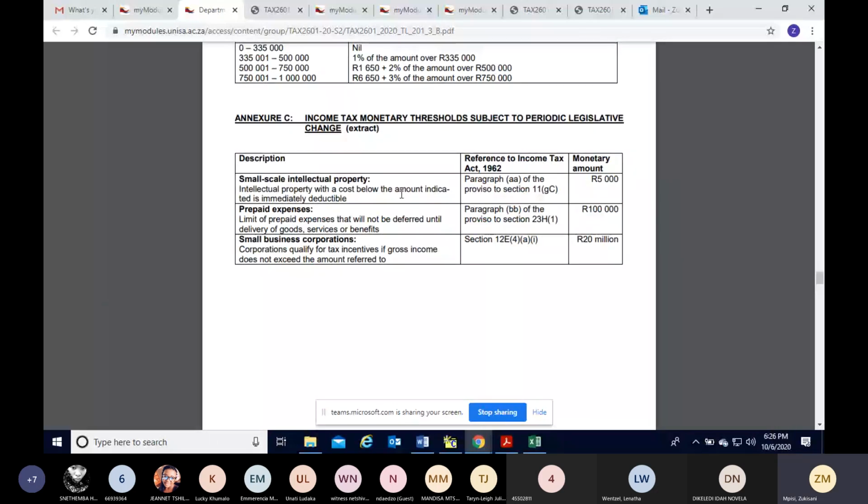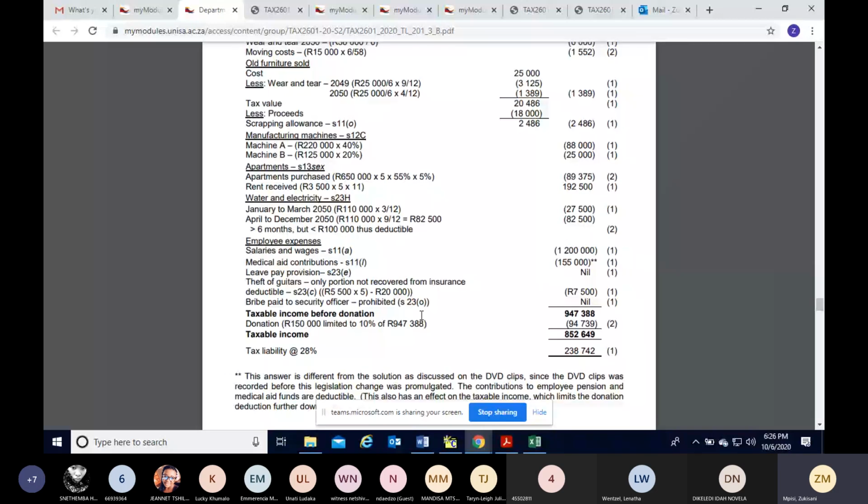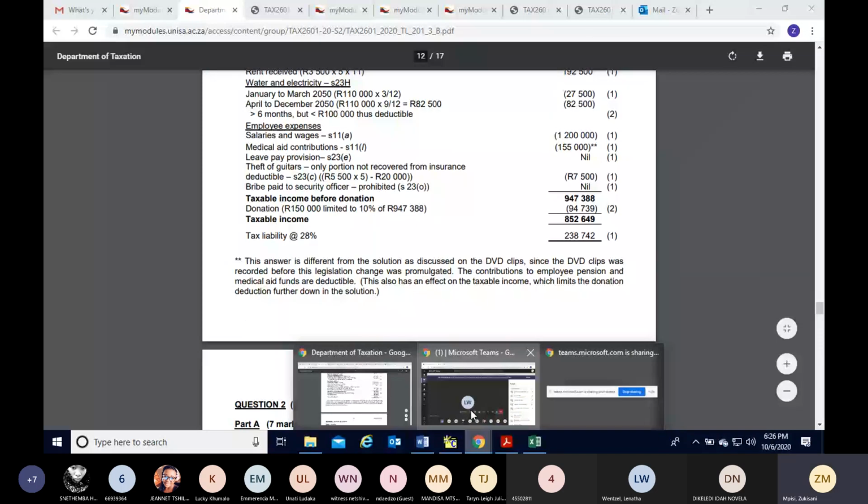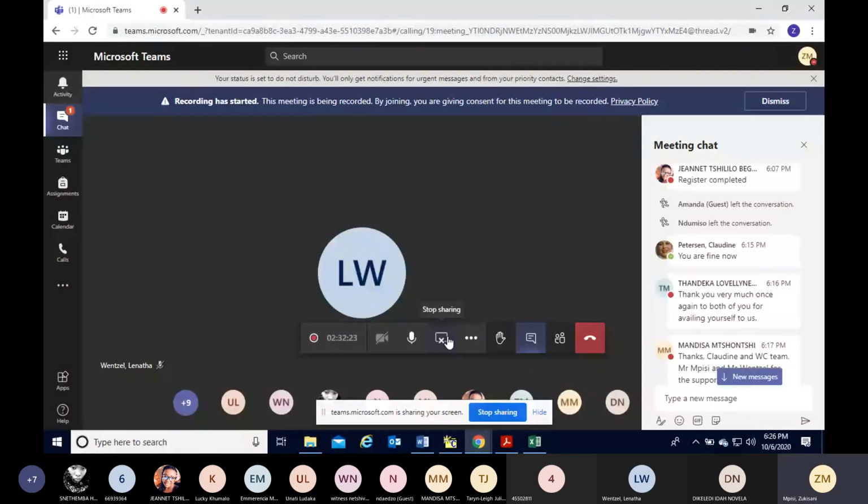Intellectual property in terms of the patents, copyrights, and all that, the monetary values that you can apply for capital allowances, prepaid expenses, small business corporation as well, there it's provided, and here are your solutions. So that is basically giving you almost what is going to be covered in terms of the exam.